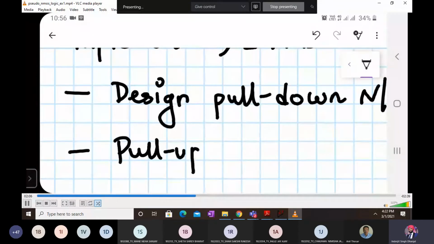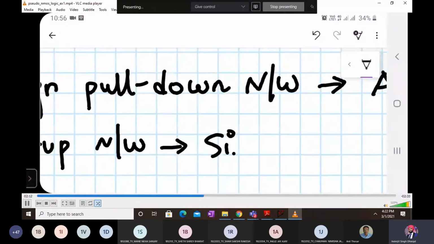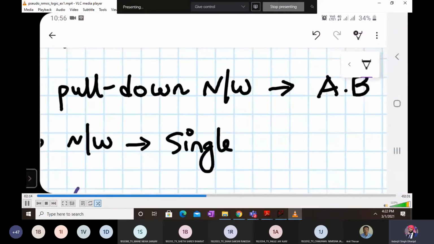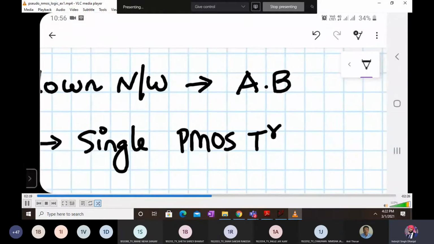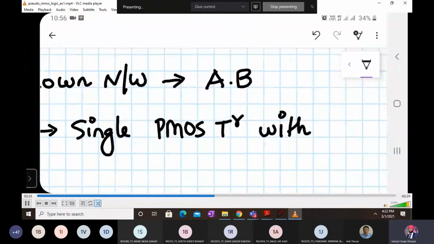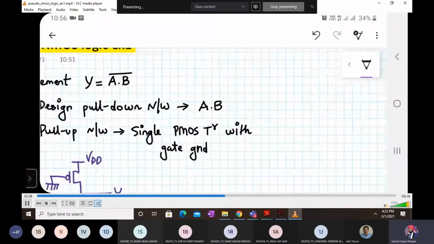So your pull up network will consist of a single PMOS transistor with gate grounded.